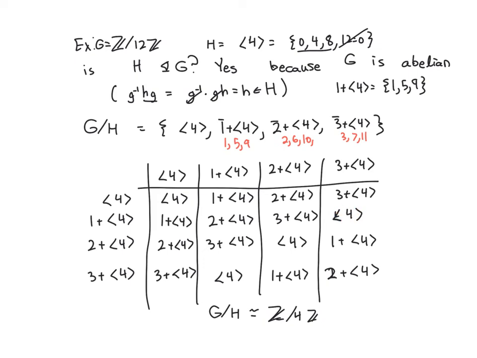So this is something that's always worth noting. Whenever you end up with an element that lies in your subgroup, then you actually have the subgroup coset, or the identity coset. Which tells you, of course, 3 and 4 are inverses in this quotient group.